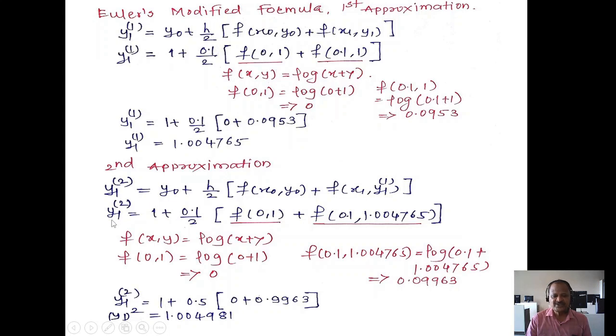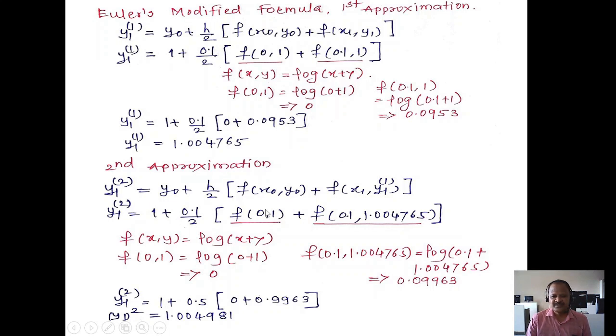Second approximation of y1 is equal to 1 plus, the value of y0 being 1 and the value of h being 0.1, divided by 2 into the bracket f of x0, which is 0, y0, which is 1, plus f of x1, which is 0.1, and the new value of y1 we take from the first approximation.